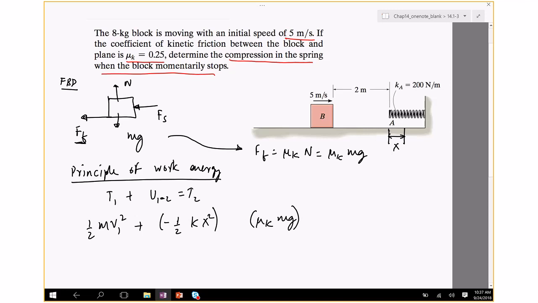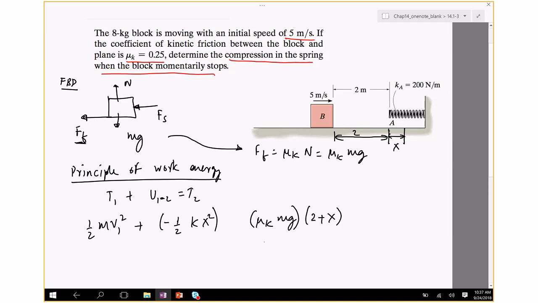The displacement is, well, friction acts for a distance of 2 meters, but it also acts for the displacement x because it's still sliding against the surface. So the work done is going to be the force, mu k mg, times 2 plus x.